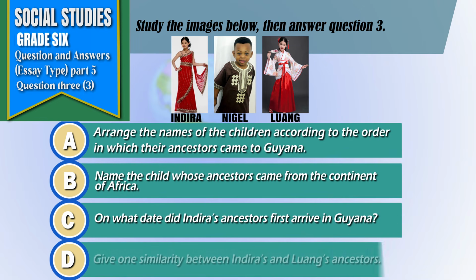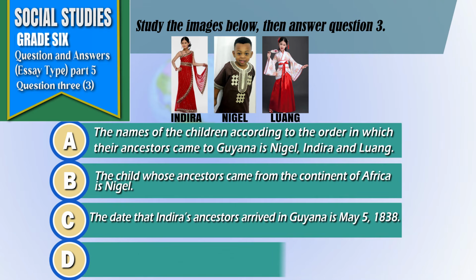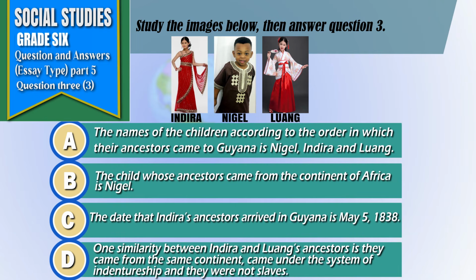And the D part. Give one similarity between Indira and Luang's ancestors. So we're looking at the East Indians and the Chinese. One similarity between Indira and Luang's ancestors is they came from the same continent, and that continent is Asia. Another similarity is they came under the system of indentureship.